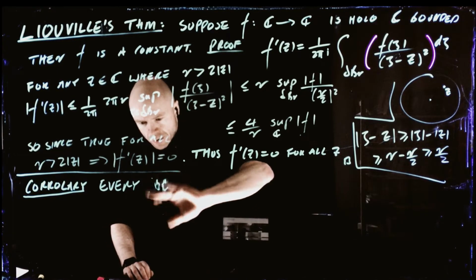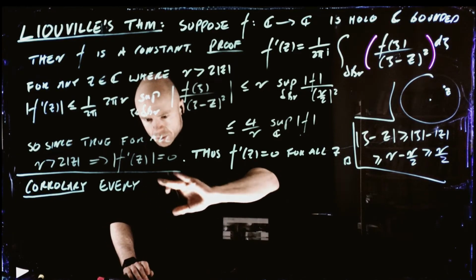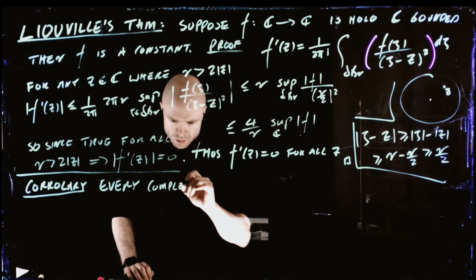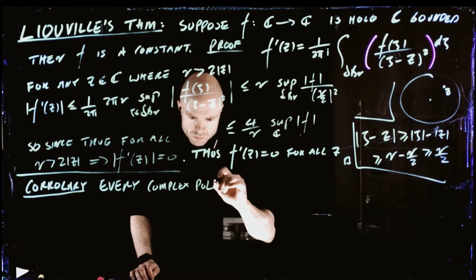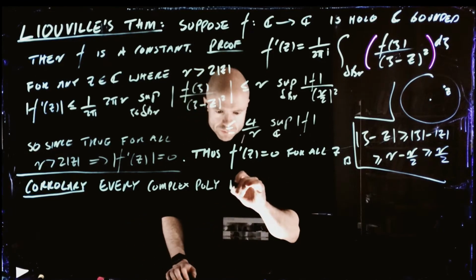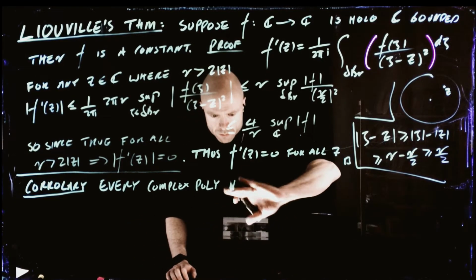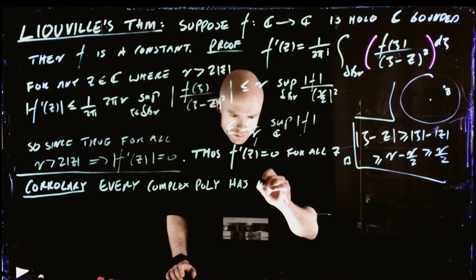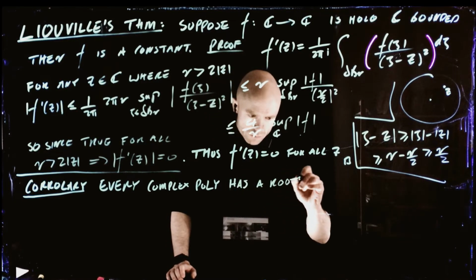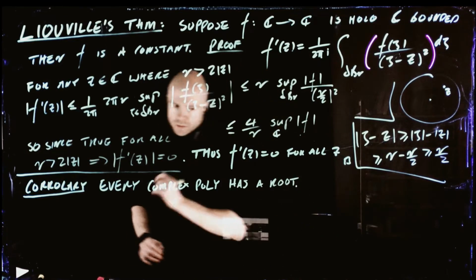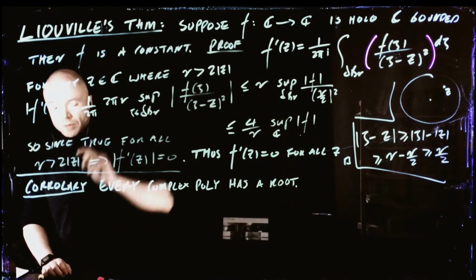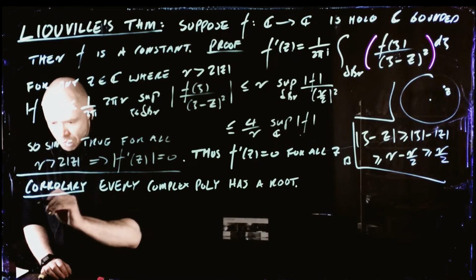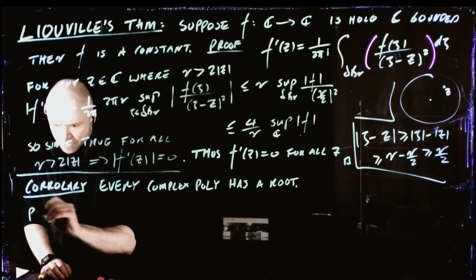I mean, we're doing complex analysis, so everything we're talking about is complex, but just to emphasize it, every complex polynomial has a root. It's not a corollary of Liouville, but it's a corollary of, sorry, it is a corollary of Liouville. Take that back. Proof.